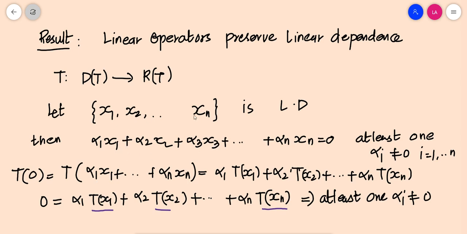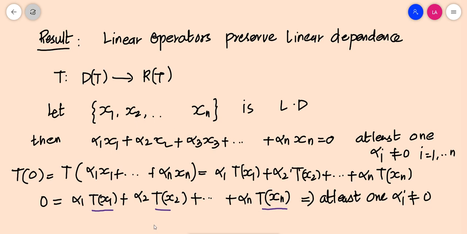So whenever x1, x2, etc., xn is linearly dependent, its image T of x1, T of x2, etc., T of xn is also linearly dependent, because alpha 1 T of x1 plus alpha 2 T of x2 plus etc., alpha n T of xn is equal to 0 implies that at least one of the alphas is not equal to 0.